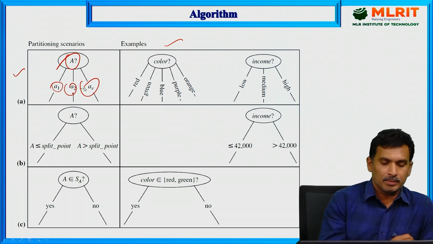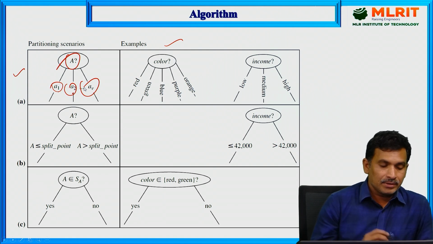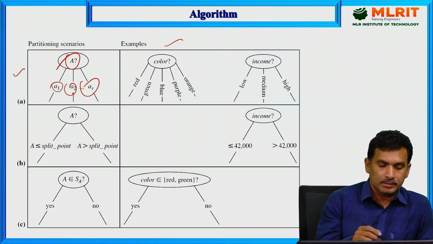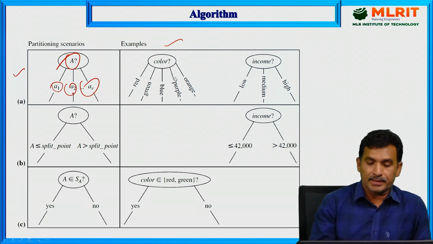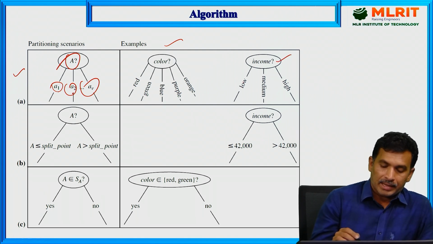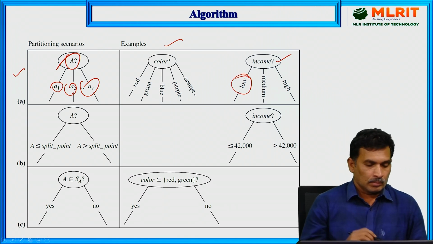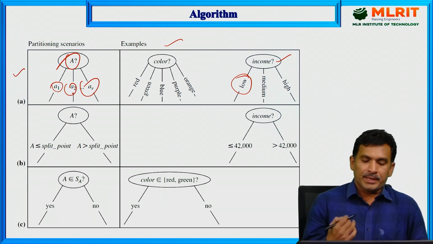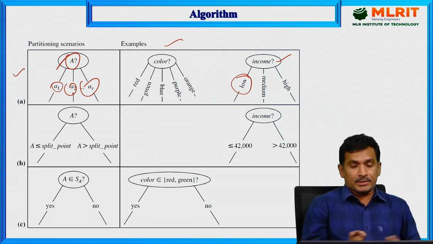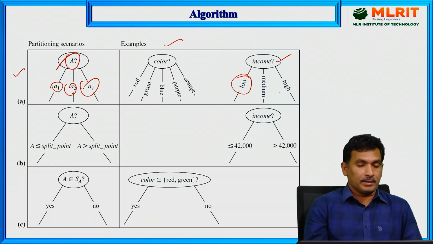The same applies to categorical data like color, such as red, green, blue, purple. If income is an attribute with categories like low, medium, and high, then the data set would be partitioned into these different categories.